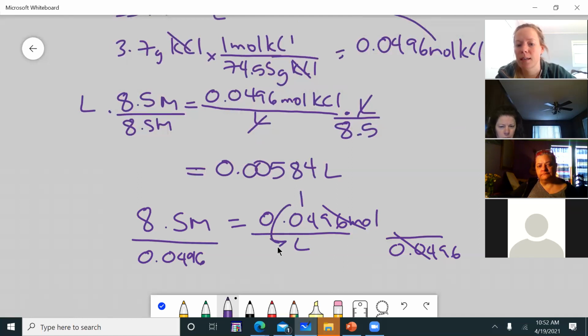So then you need to take the inverse of this and the inverse of this. So if you didn't get this number, that's why that happened. That's why I moved the liter over here and divided this by this. That's just isolating variable stuff.